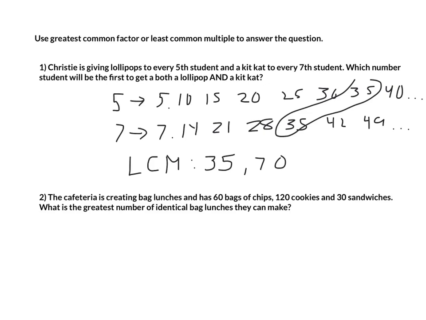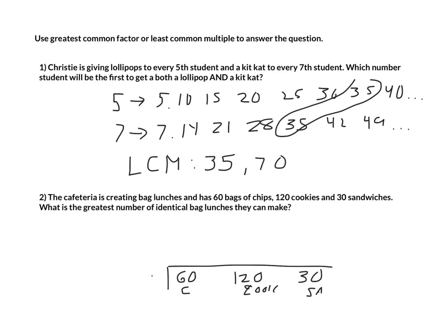If I look at the next one, cafeteria is creating bagged lunches, 60 bags of chips, 120 cookies, 30 sandwiches, greatest number of bags. Well, it looks to me like I have a large number of things. I've got these 60 chips, 120 cookies, I've got 30 sandwiches, and I need to break it into groups.